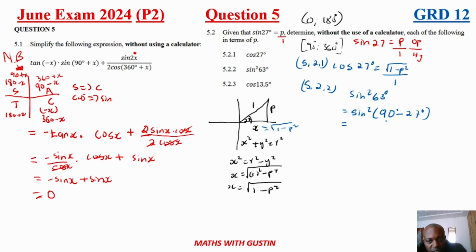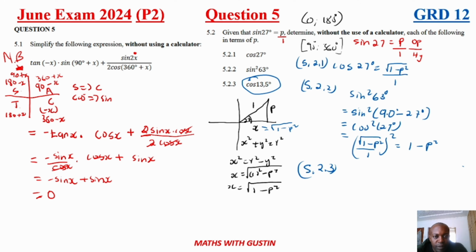In this quadrant of 90 minus, everything is positive, so it means this will change to cos squared 27. We already know what cos 27 is, so we can easily substitute here. It is going to be the square root of 1 minus p squared all over 1. Everything needs to be squared here, guys, so our answer will just be that.